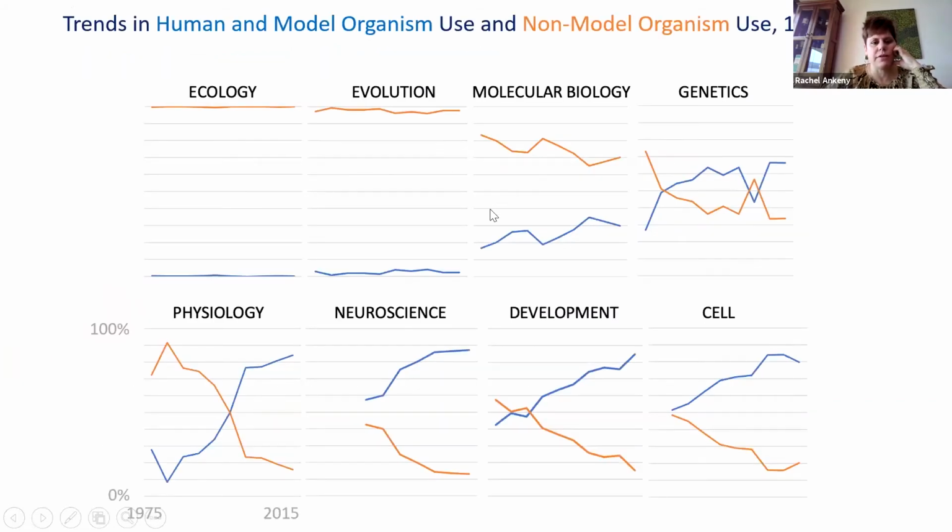The one line is model and the other line is non-model. And you can see already the claim, generic claim, that there's a privileging of certain things and a deprivileging of other things is not the case. It really doesn't matter, perhaps obviously, what field you're working in. And this is the data that we got out of this.